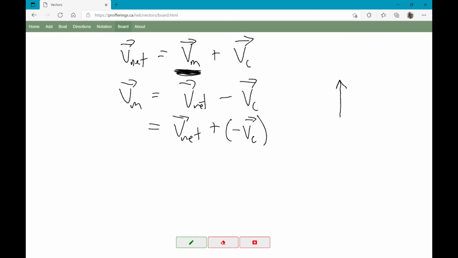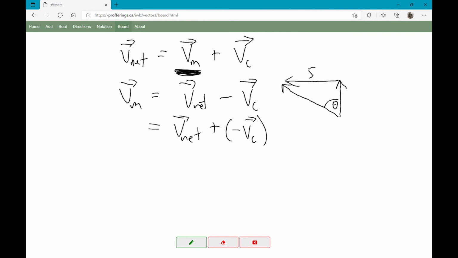I know my net velocity is going to point that way. Now I'm going to add the opposite of my current velocity. Well, my current was 5 meters a second going east, so the opposite is 5 meters a second going west. And the sum of those two, which is my motor velocity, is the vector that points from where I started to where I finished. And I need to know the direction, that angle there.